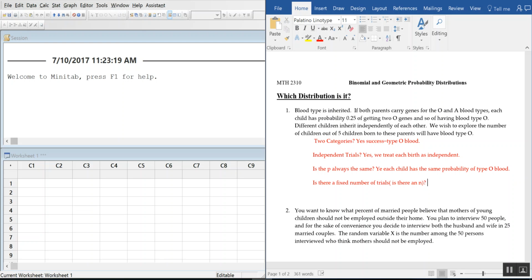When you're dealing with a geometric, it's repeat until you succeed. So you don't know how many trials you're going to have, you just know you're going to keep going until you succeed. So this is going to tell us whether we have a binomial or a geometric. You should always check this last, because without the other conditions, you can't proceed with either distribution. Anyway, yes, there are 5 children, so n is 5, and this also tells us this is a binomial.